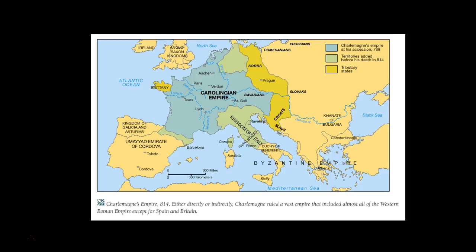Without a common currency, without a common military, there's no security and no way to buy things. And when people aren't able to engage in commerce, then things really fall apart, right? So Charles the Great is coming in this vacuum of power, in this vacuum of a valid market.